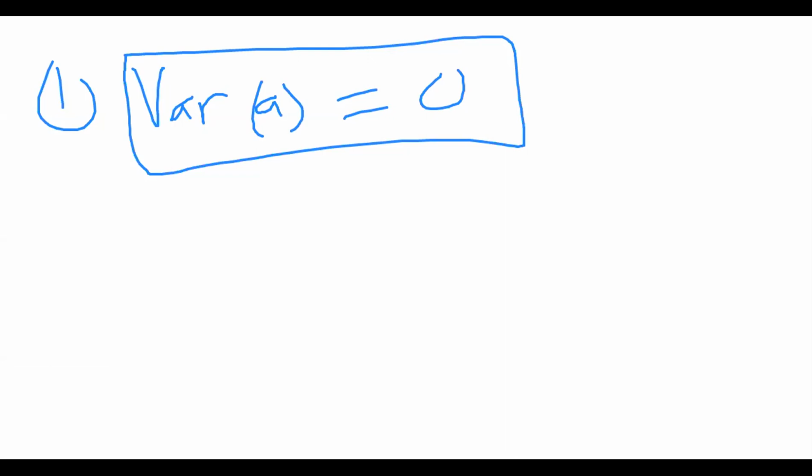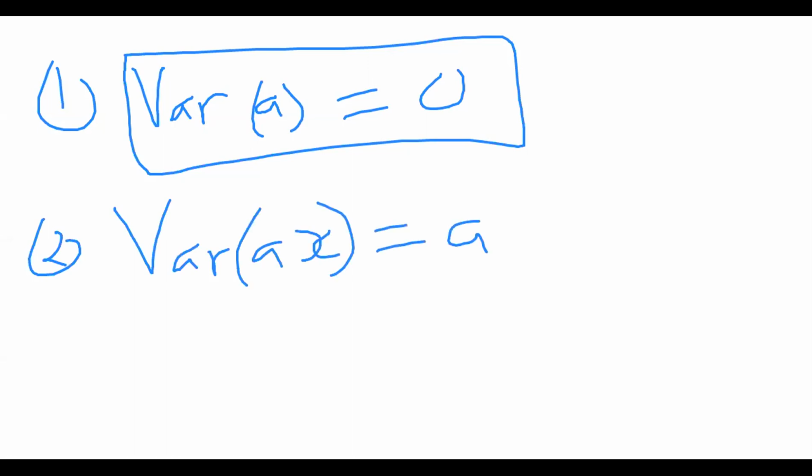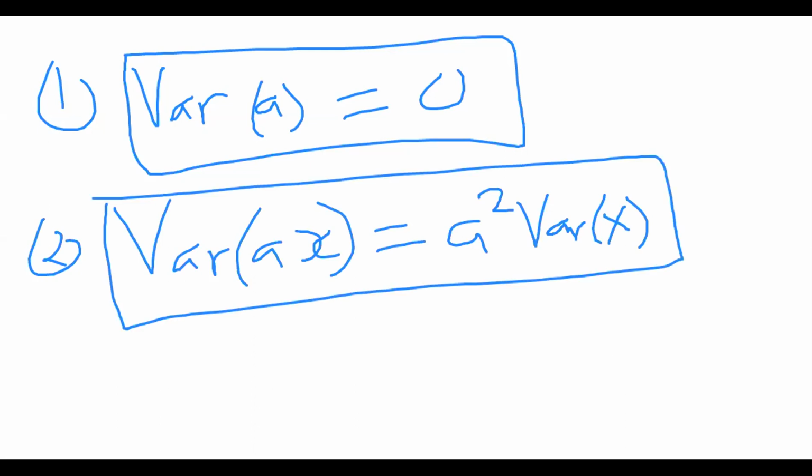And then number 2, the variance of a constant times x. This is the same as a squared times the variance of x. When I give the examples, you can try them out manually and see what you get.